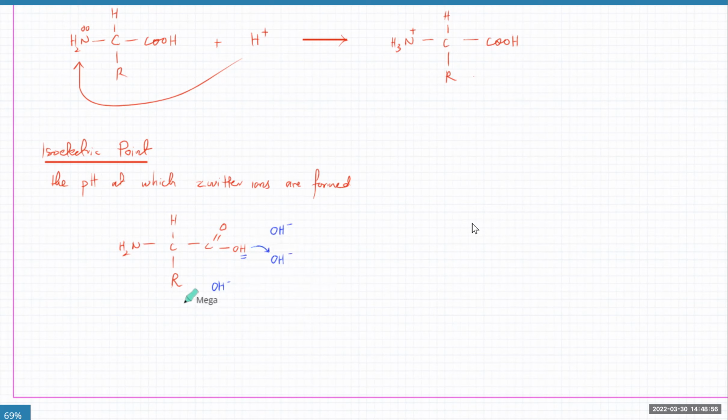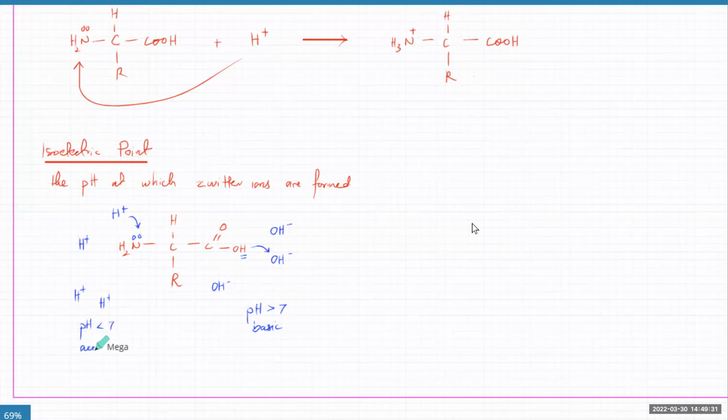Vice versa, I told you that if the medium is too acidic, if there's a lot of H+1 ions around, the lone pair would be gaining H+1, right? So if the pH is greater than 7, if it's basic, this reaction will happen, and if the pH is less than 7, this other one will happen.